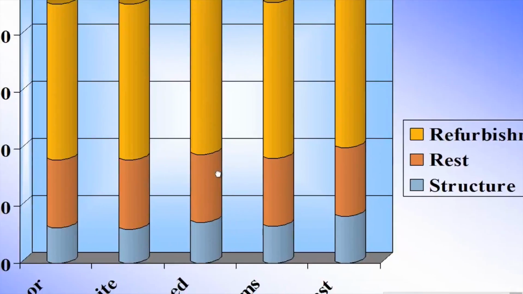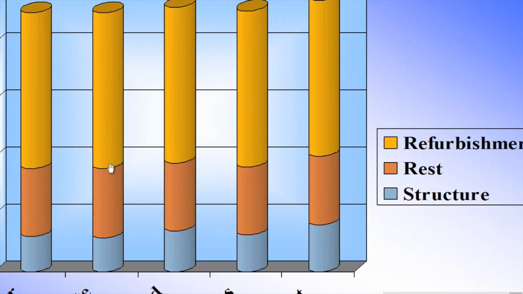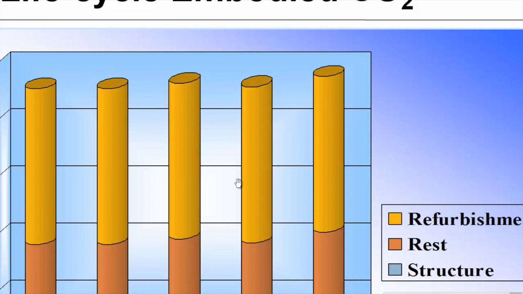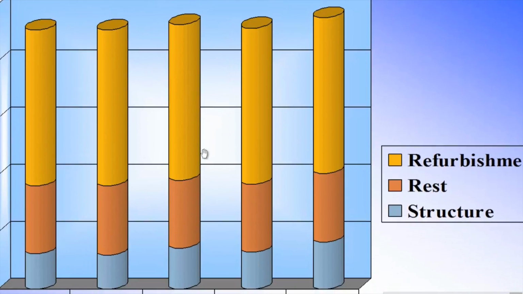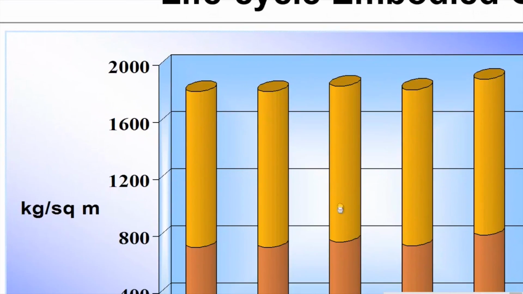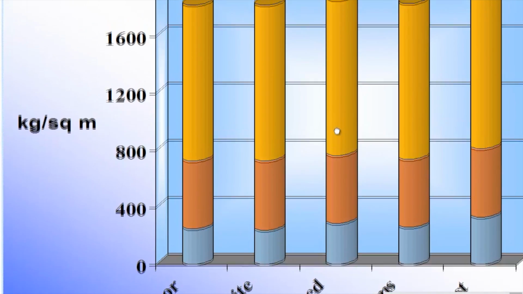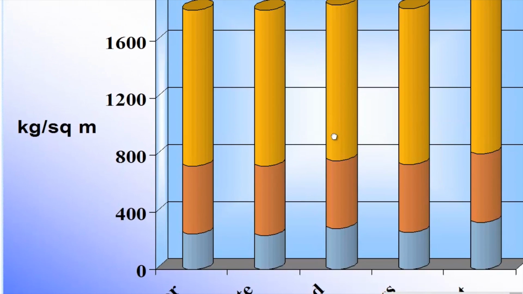We can look at the refurbishment layer, which has a very slight increase in the graphical charts, and in terms of refurbishment also it does not provide any greater difference in terms of emission of carbon dioxide, and generally it ranges for any typology from 0 to 2000 kg per square meter emission of carbon dioxide.